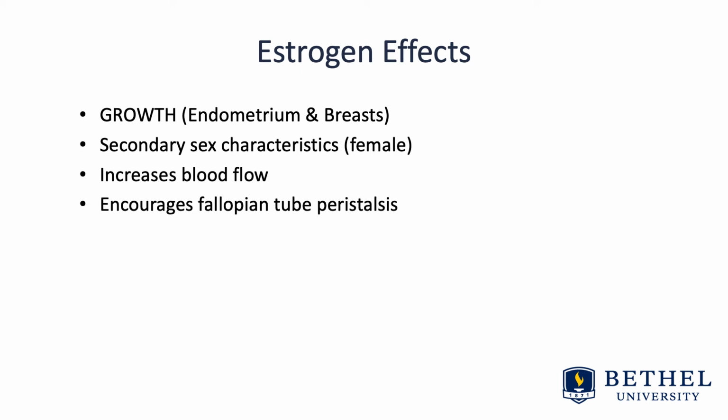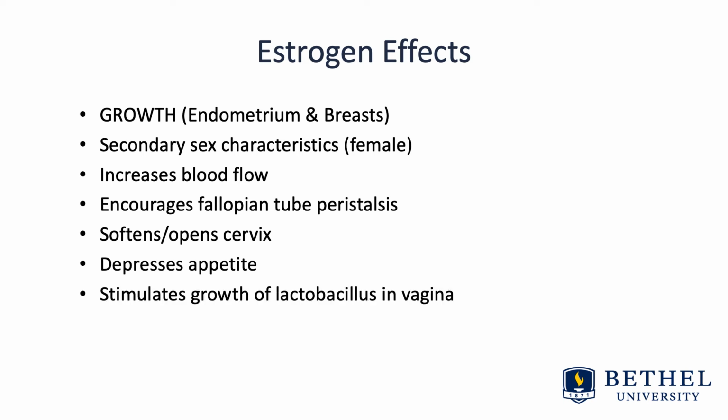Estrogen also encourages fallopian tube peristalsis, so it's helping prepare the body to get pregnant. It's in that first half of the cycle, and it's getting the fallopian tubes ready to receive an egg. It softens and opens the cervix, again in preparation for getting pregnant. It happens to depress appetite, and then lastly, it stimulates growth of lactobacillus in the vagina.